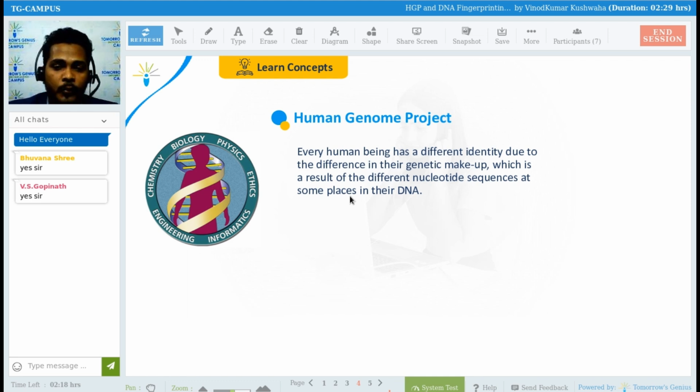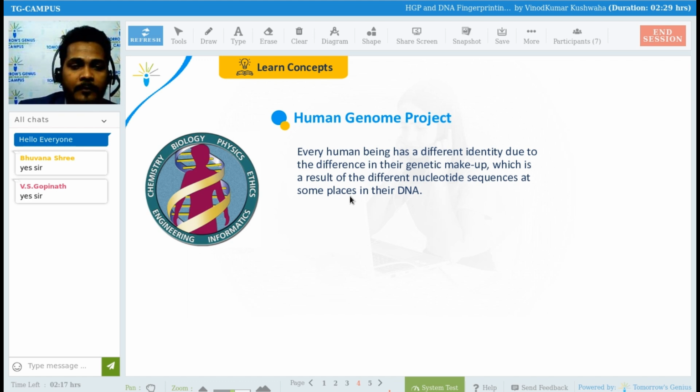Now, the differences in the genetic makeup are due to the difference in the nucleotide sequence. Why are we different? Why are you and I totally different? Though we are human beings, we have different morphological characters. So why are we different? Because of the genetic makeup, and this genetic makeup is due to the difference in the nucleotide sequence of the DNA.